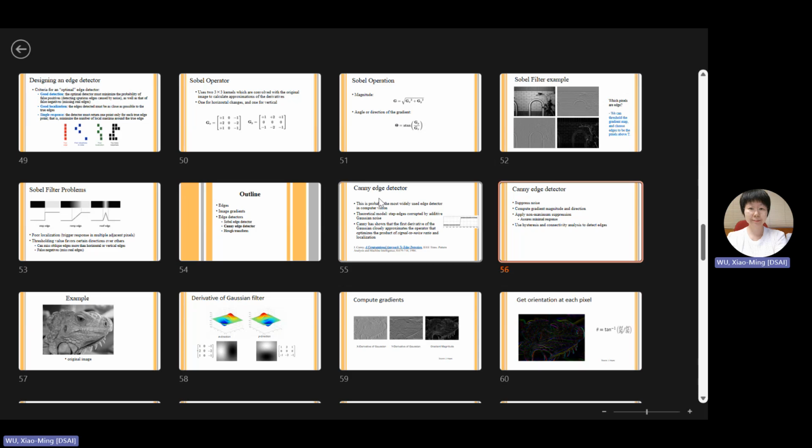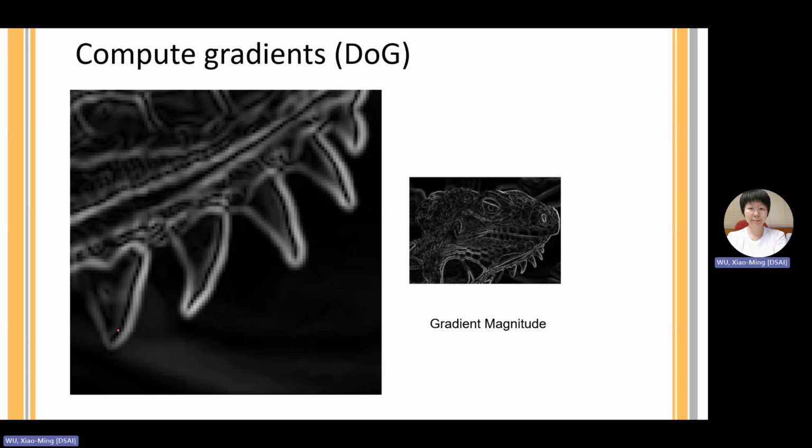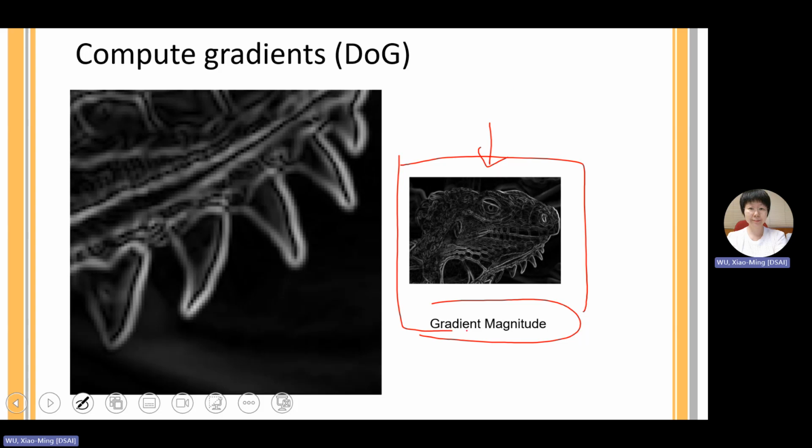After the Sobel detector, what we get is typically this, not the edge map, but the gradient magnitude map. You can see there are multiple responses along the edge, which is not ideal.